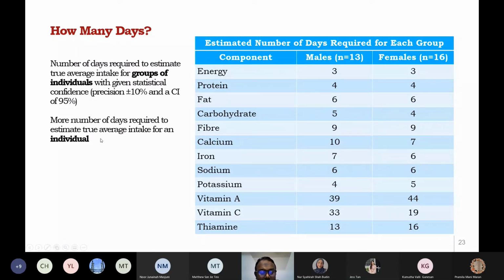So if we are estimating true average intake for an individual, because this is for a group, for an individual, the number of replicates needed will be higher compared to this, because for groups it will be a lower number of days. For individuals, we'll need a bigger number to estimate the reference method.